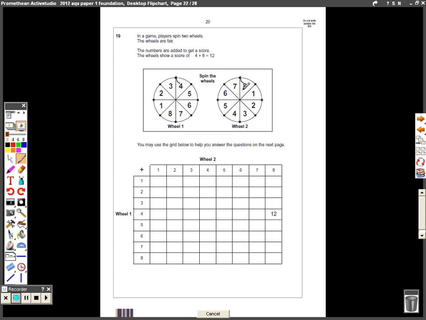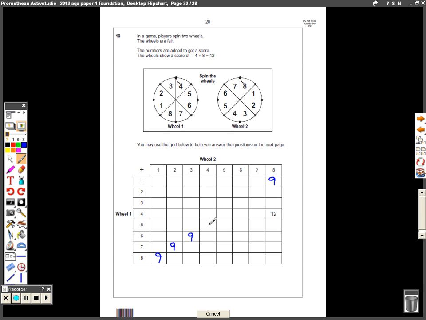Now on the grid, they've encouraged us to use it. We've got wheel 1 and wheel 2. We could write down some of the totals. For instance, 1 and 8 is 9, and 8 and 1, that's the other order, wheel 1 and wheel 2 is 9. You can see that 7 and 2 would also give you 9.